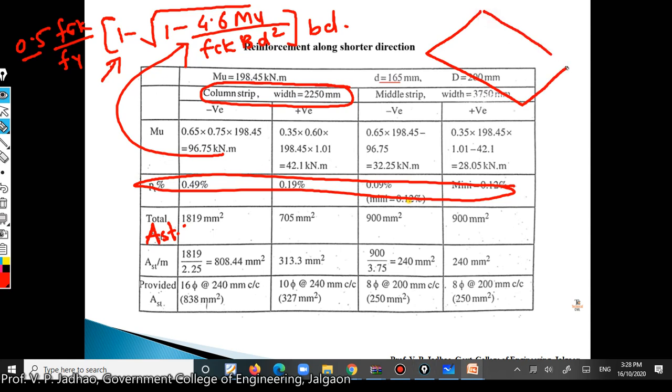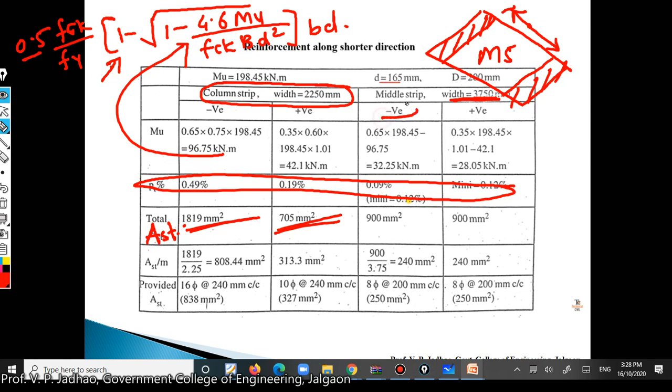Along the shorter direction, the total width of column strip, this column strip plus this column strip, is 2250, whereas the width of this middle strip is 3750 mm. So put these values in this equation, you will get AST equal to 1819 mm square. Again for this positive bending moment, 705.5 mm square.